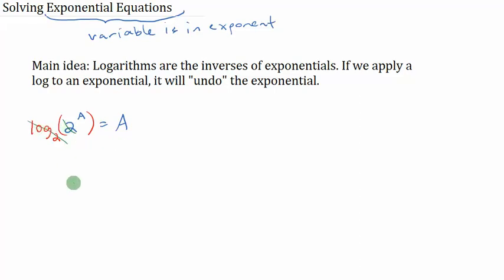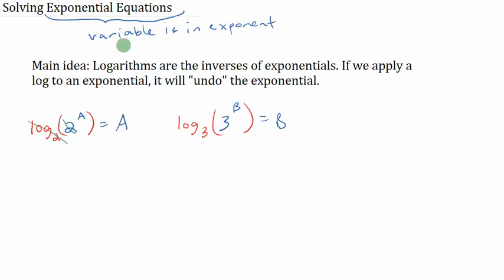So the log base 2 canceled the exponential in base 2. Similarly, if I have 3 to the b power, I can undo that by applying a log base 3 to this expression, and that's just going to give me b.